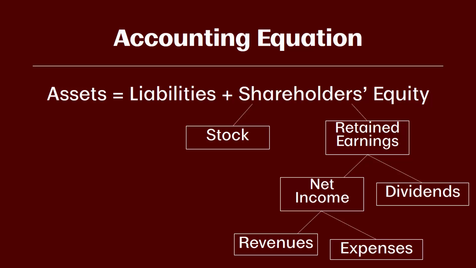In a couple of videos, we're going to look at some common accounting transactions and how they impact this accounting equation. And I want you to remember that revenues and expenses are part of shareholders' equity. It's indirect. They first go into net income, and then net income goes into retained earnings, and retained earnings is part of shareholders' equity. But anytime our revenue goes up, so does our shareholders' equity, and that's going to be really important to remember. For now, let's go ahead and look at retained earnings in more detail.